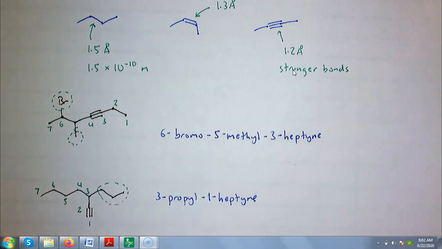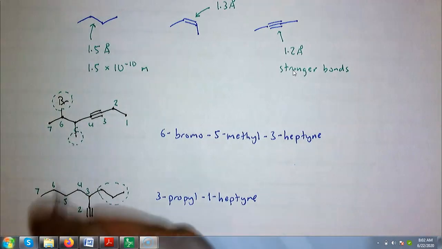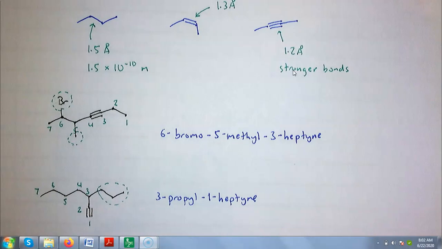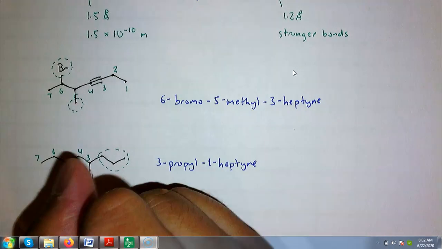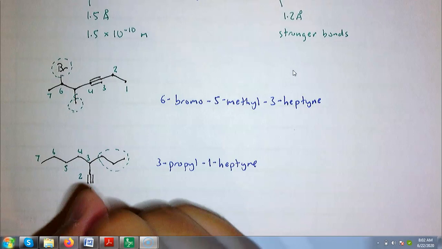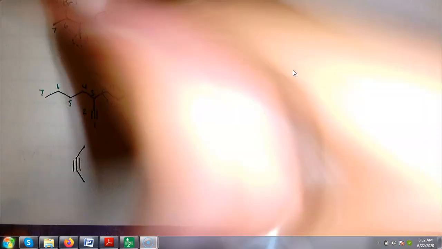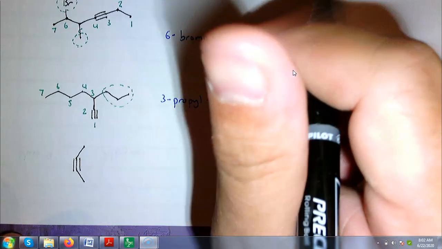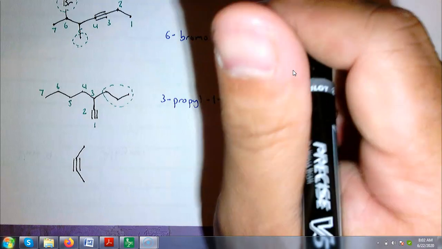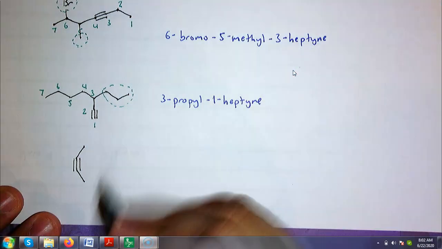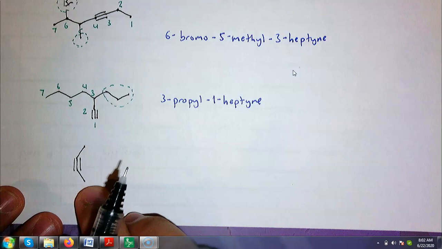One example is this. 1, 2, 3. When you try to make this model, the model is going to try to be linear, but the shape is going to constrain or put stress on the bonds, and they're going to have to be a little bit bent.